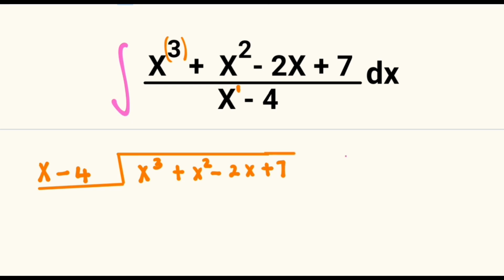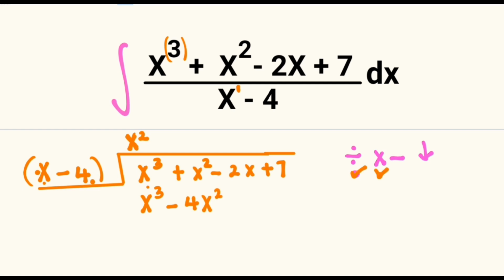Let's have our map. We have the division, the multiplication, the minus, and the drop down. We start with the division. The x cubed divided by that x will be equal to x squared. Now that we have divided, we come and multiply. The x squared multiplied by the x minus 4. The x squared multiplied by this x will be equal to x cubed. And the x squared multiplied by the negative 4 will be equal to negative 4x squared.